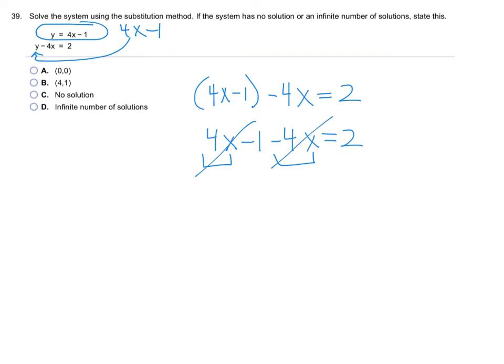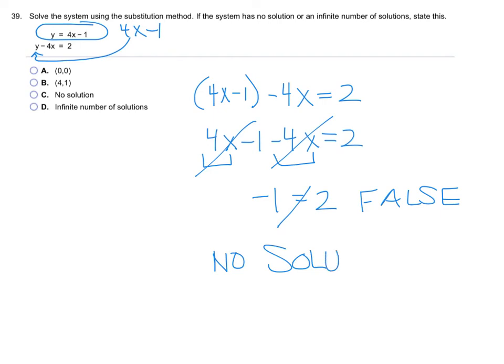These cancel out, so my x terms go away, and I'm left with a negative 1 equals 2. This statement is false since negative 1 does not equal 2. Since this is a false statement, my conclusion is no solution. And that is choice C.